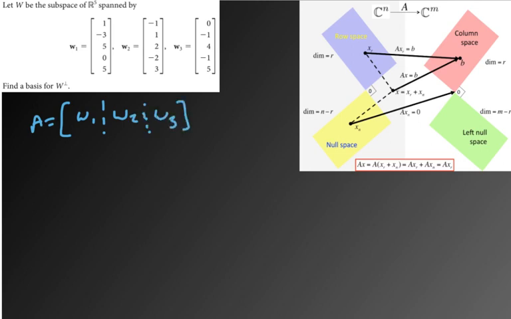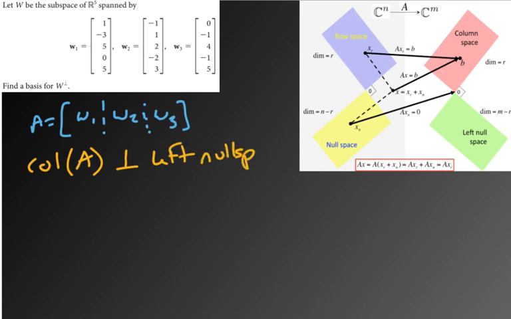And then the column space of A is going to be perpendicular to the left null space, right?